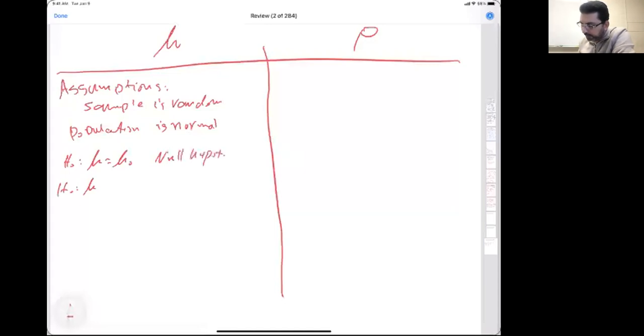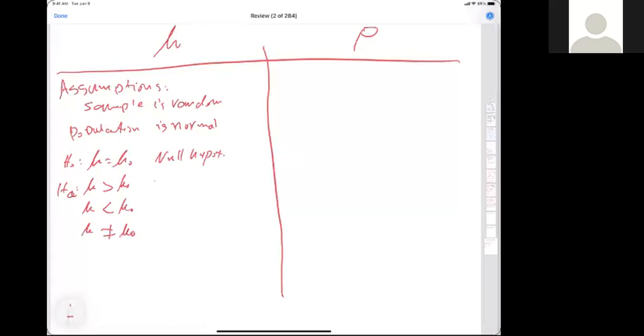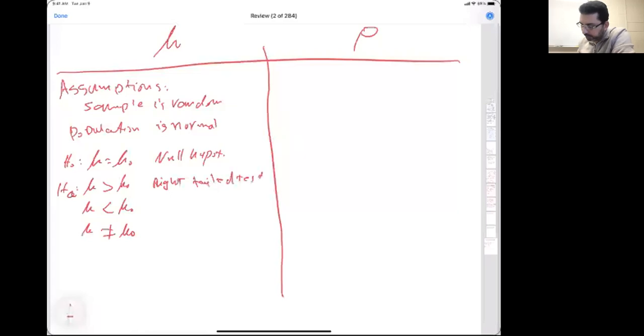And the HA, we have three cases: greater than mu naught, or less than mu naught, or not equal to mu naught. This is a right-tailed test. This one is a left-tailed test. This one is a two-tailed test. Okay?